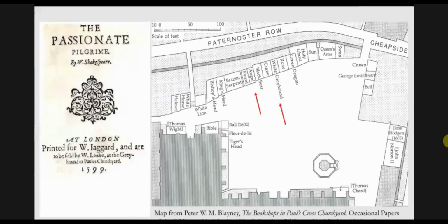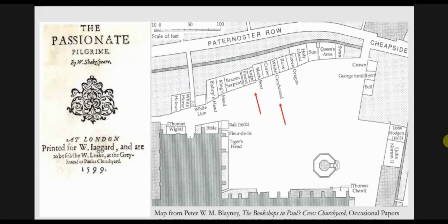In turn, the success of Wise's editions may lie behind the title page attribution by W. Shakespeare that appeared in 1599 on the second edition of The Passionate Pilgrim, an octavo collection of poems, most of which are not by Shakespeare, that was published by William Jaggard and sold by William Leake at the White Greyhound.